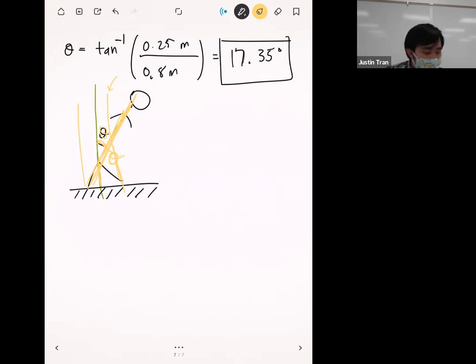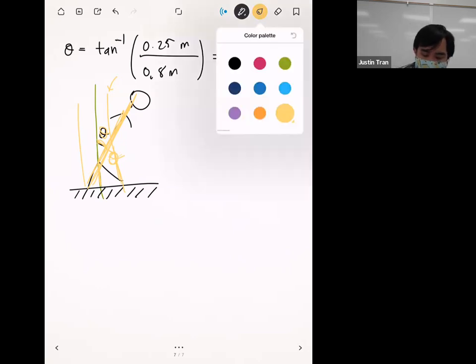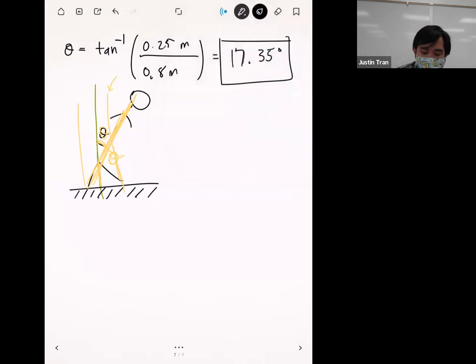Okay, and so that's kind of a default configuration, a person that's standing up normally. But like we said, there are things that you can do to make it easier for you to maintain balance. And so let's say that this person started to crouch down. And let's say that he had the same base of support, so he didn't make his legs longer or put his legs any wider.